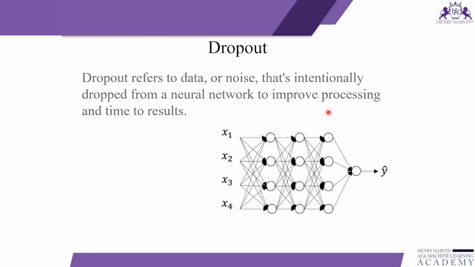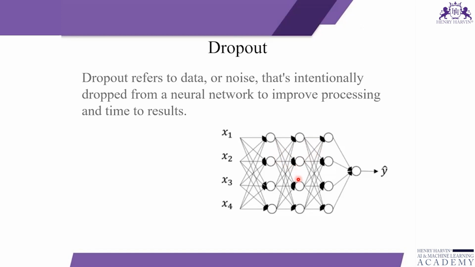If I have four input features and four hidden nodes in each one of these three layers, let's say H1, H2, and H3, how does dropout work? It says randomly switch off some of the nodes while training your model. What does that really mean? Let's say I have created a probability.